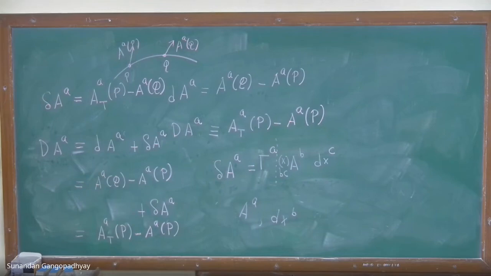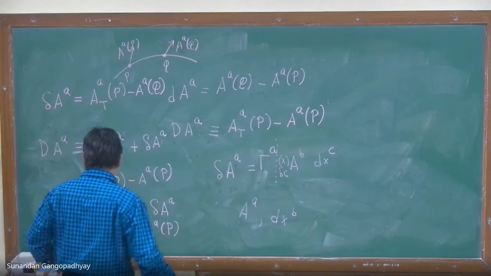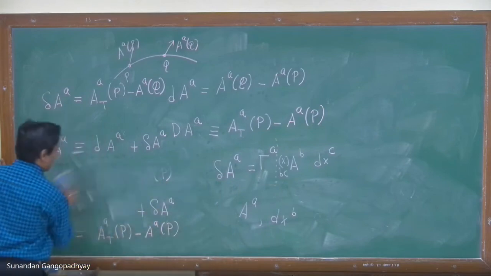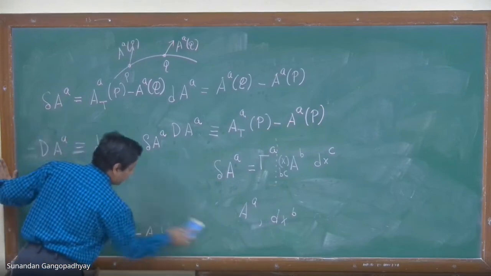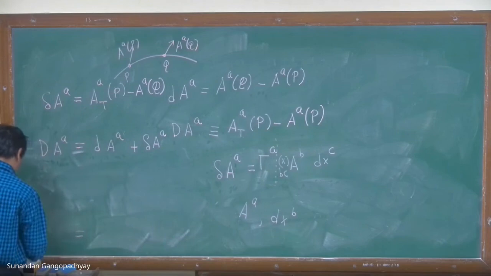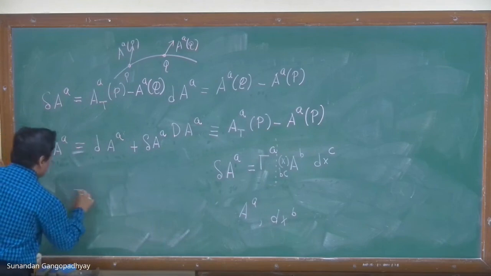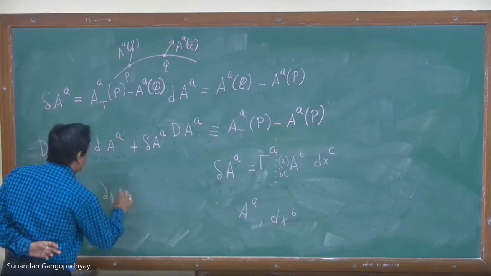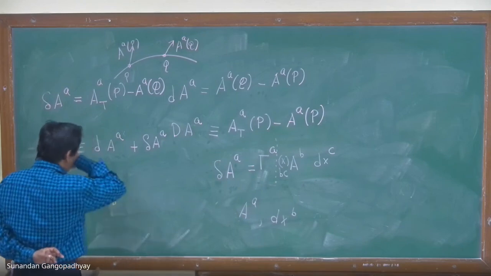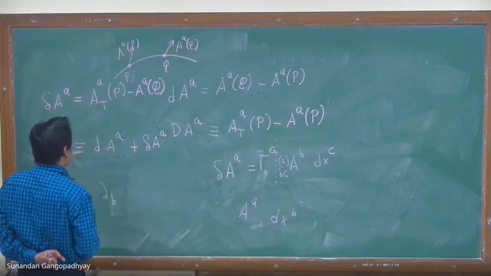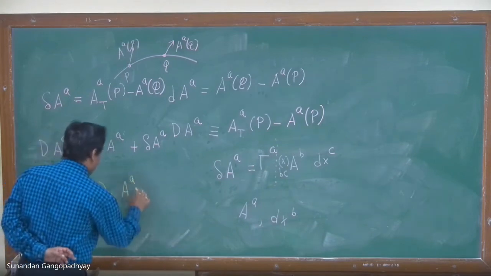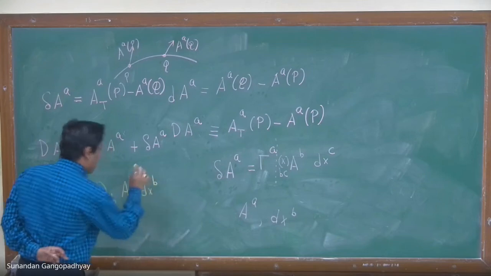And with this definition, we can now write down what DAA is. So DAA is equal to del B, dxb.